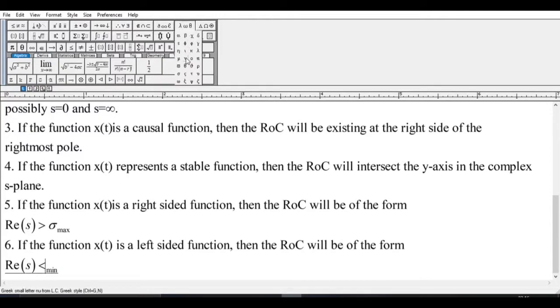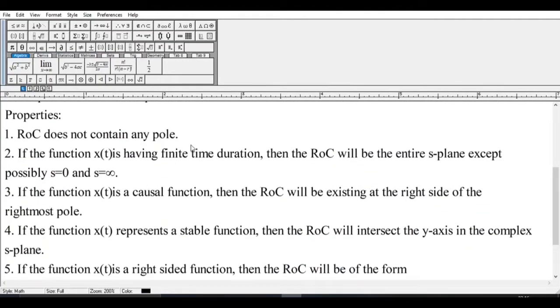Now in the following part of the lecture, I am going to show several numerical examples in order to illustrate the application of these properties of region of convergence. So once again I repeat the properties so that you understand them properly. ROC should not contain any pole.